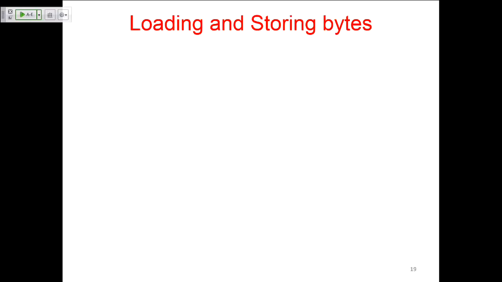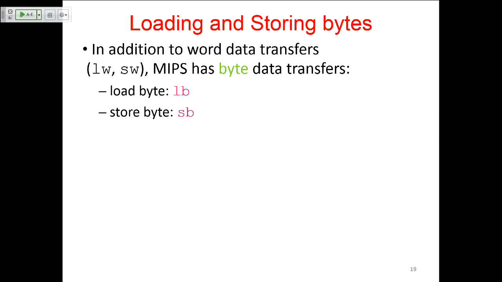Okay, so a quick example: there was a question about what if you're seeking something that's less than a whole 32 bits. So there are these instructions LB, load byte, and store byte. Now these, because a byte is really the smallest unit I can address, the address for that can be whatever.